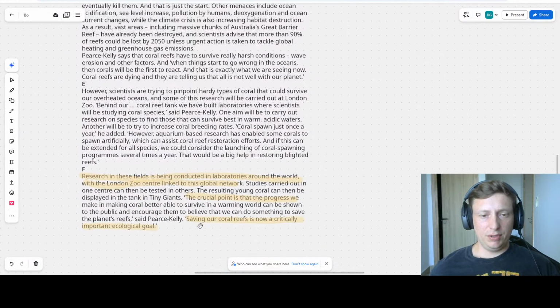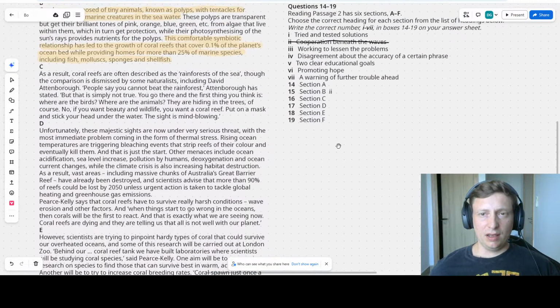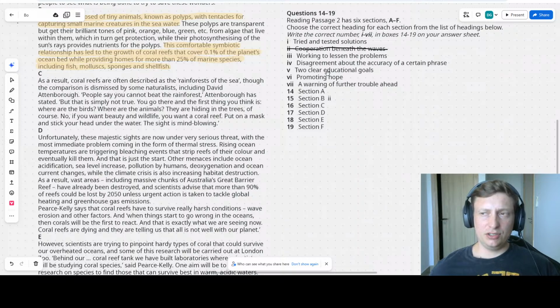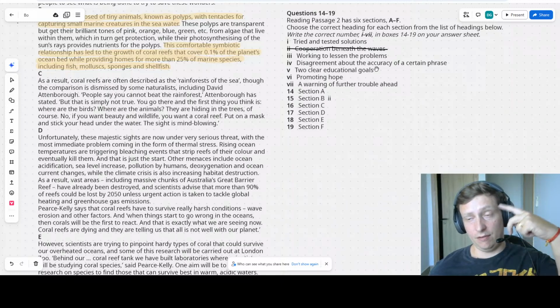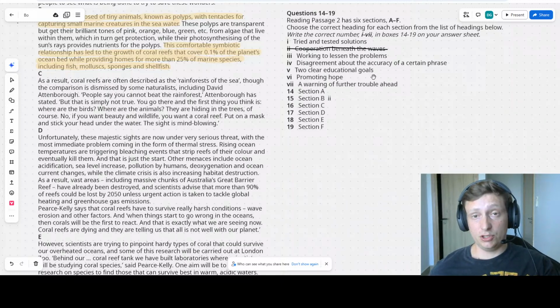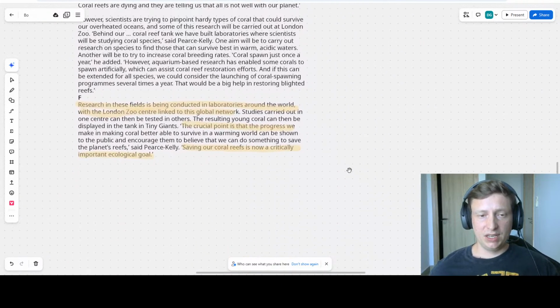But if we say saving our coral reefs now is a critically important ecological goal, an ecological goal, educational goal, is this the same thing? No, it's not. So we can disregard this, and then if you were to match the keywords, unfortunately, you'd probably get it wrong.